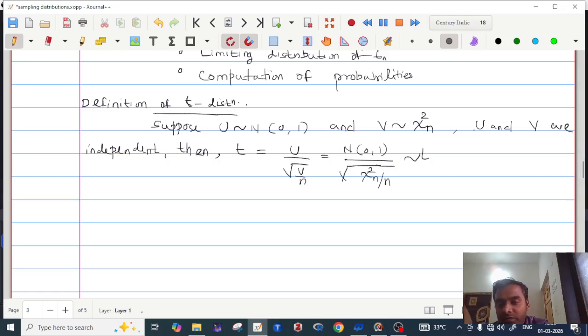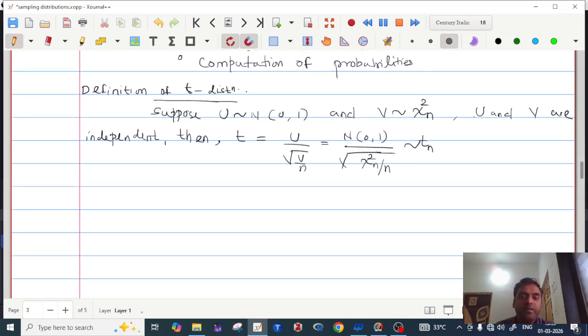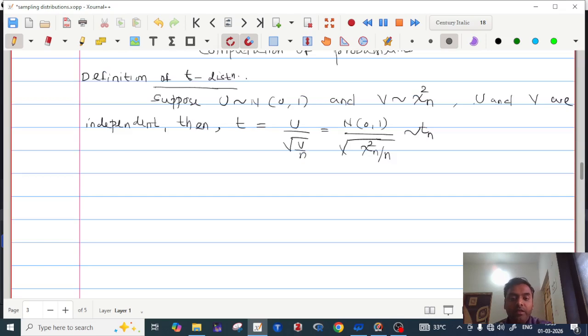This follows t with n degrees of freedom. In this way, the t distribution is defined. To define the t distribution, we need two independent random variables. One, U, is standard normal and another, V, is chi-square with n degrees of freedom.